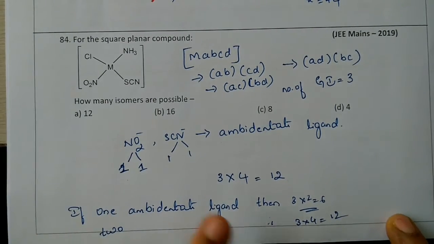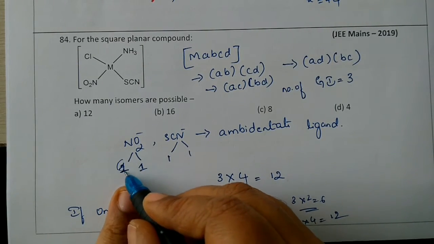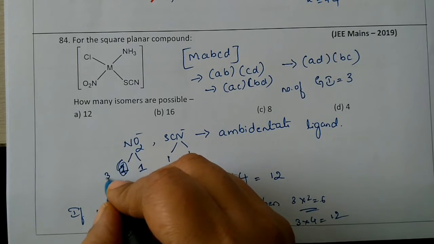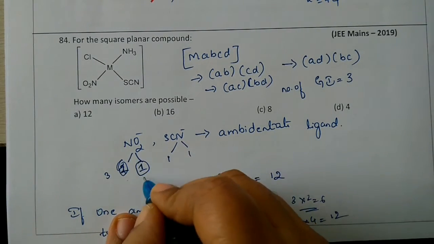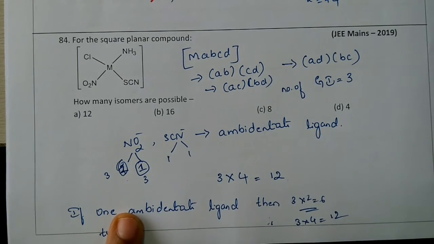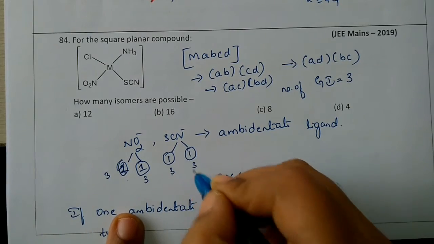So how is it? This one isomer will exhibit 3 different geometrical isomers. Likewise, this one will be 3 and this one will be 3.